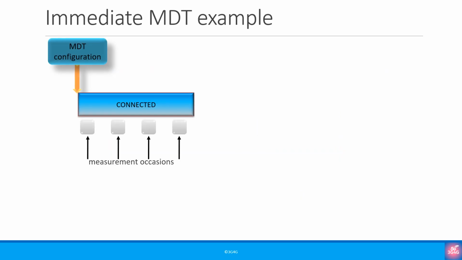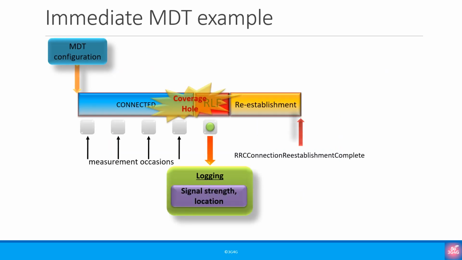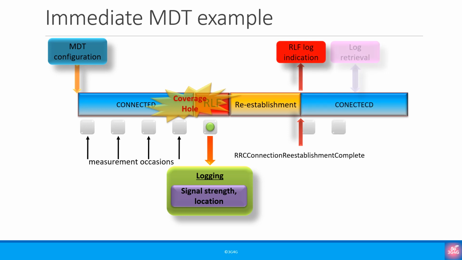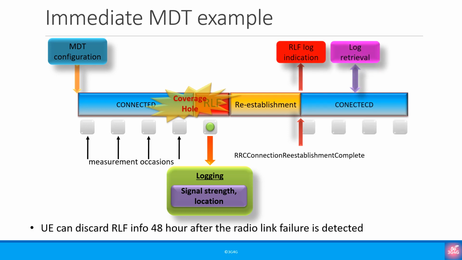Immediate measurement is configured when the UE is in RRC connected state. On specified measurement occasions, the UE keeps on measuring the downlink RSRP or RSRQ. When the UE encounters a radio link failure due to coverage hole, it logs the signal strength and the location information.